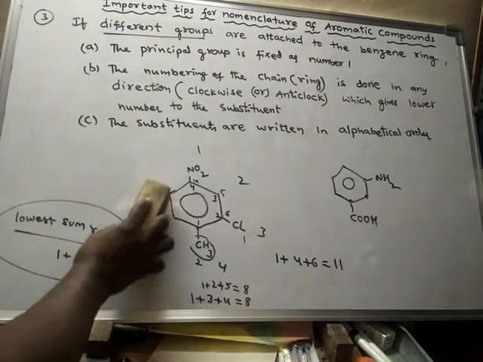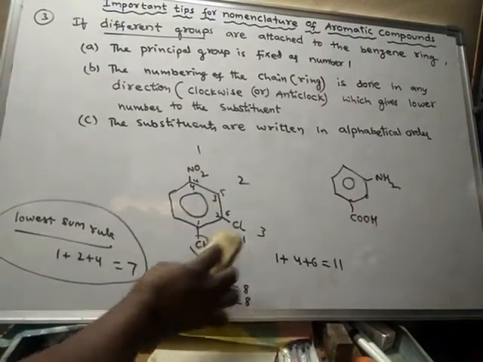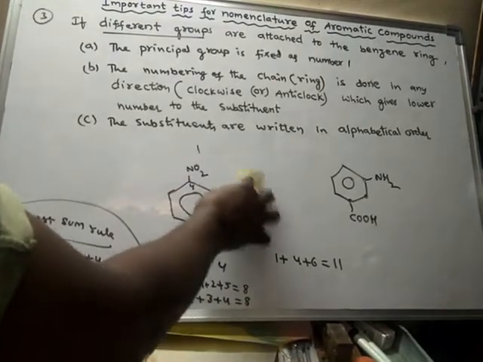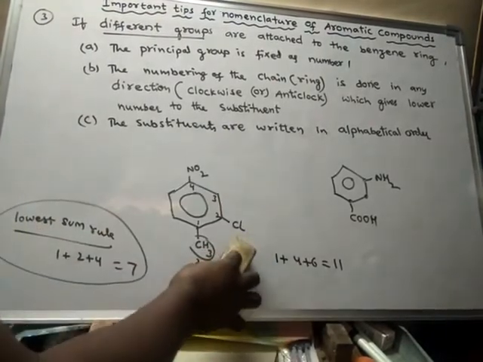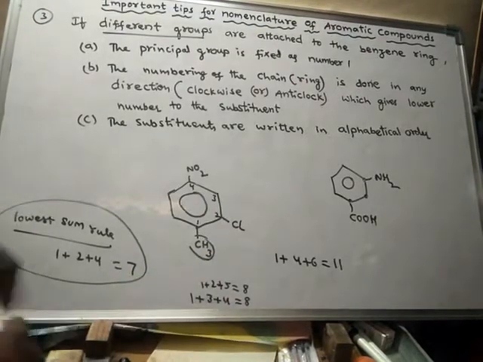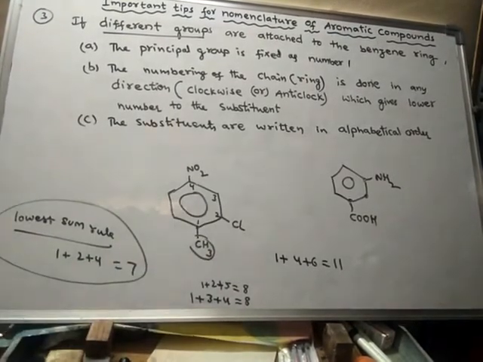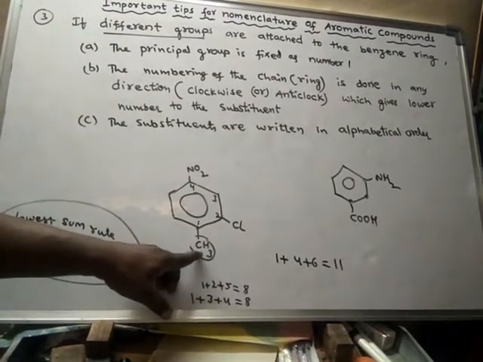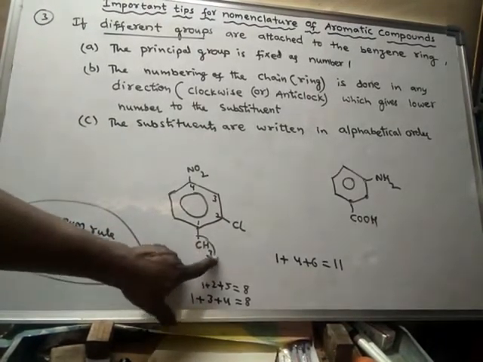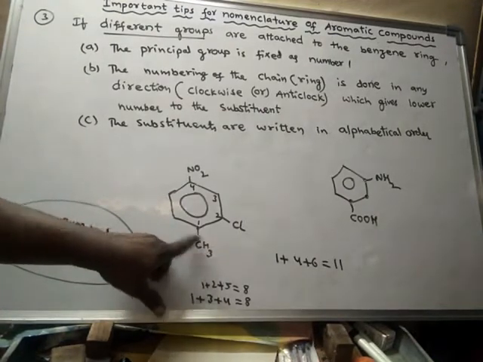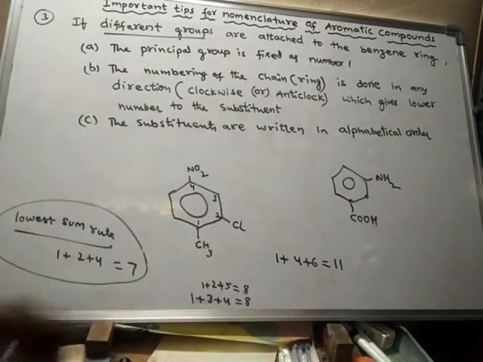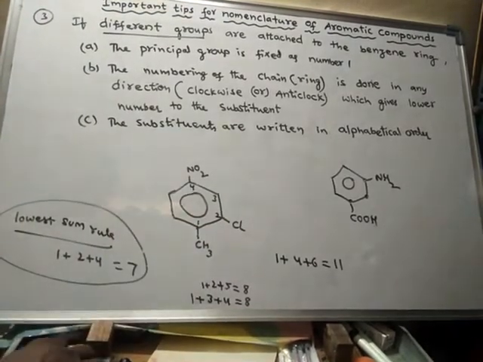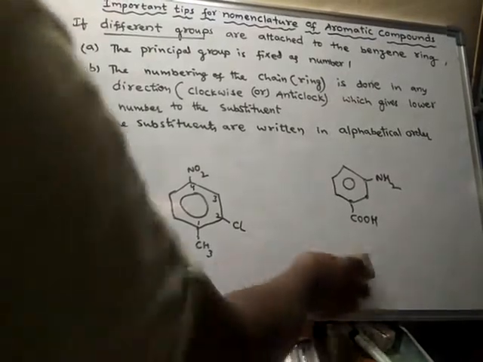Hence, the sum of the locants should be lowest. So if I give numbering in this direction, then it is correct. The methyl group is present on the first carbon, chlorine is present on the second carbon, and on the fourth carbon the nitro group is present. So I am removing these things.